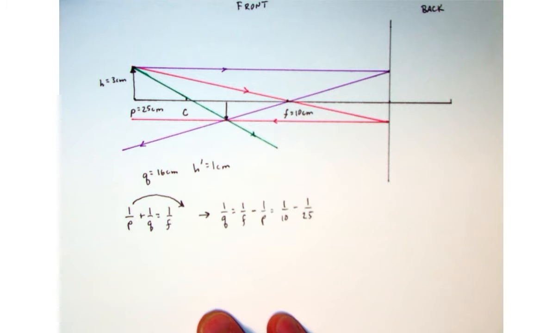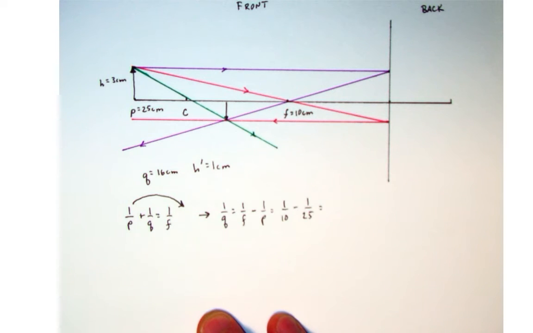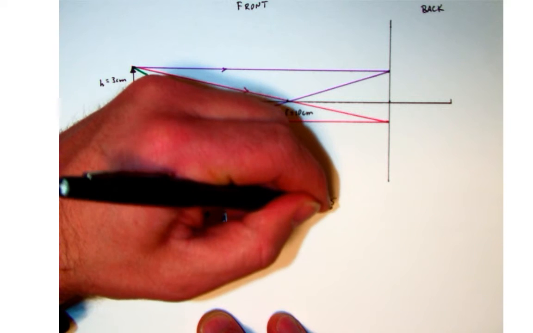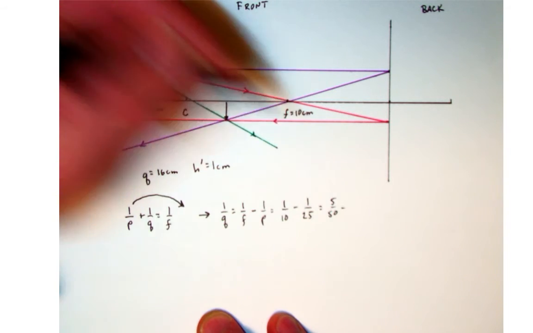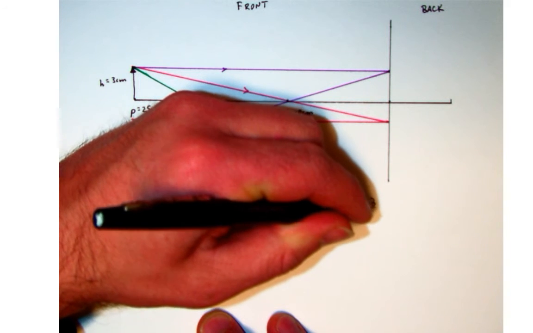With a calculator, I could use the x minus 1 feature. I'm just going to get a common denominator here. So I'll use 50. I've got 5 fiftieths minus 2 fiftieths equals 3 fiftieths.